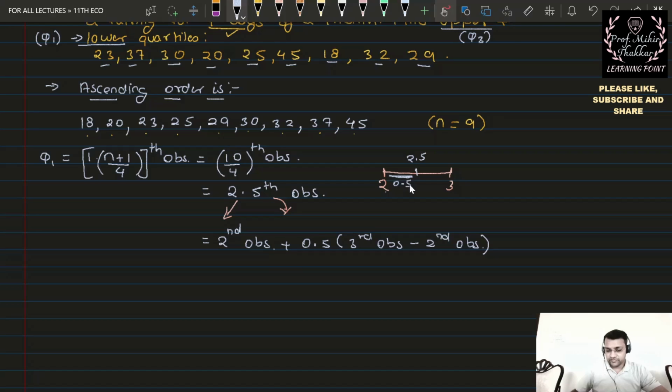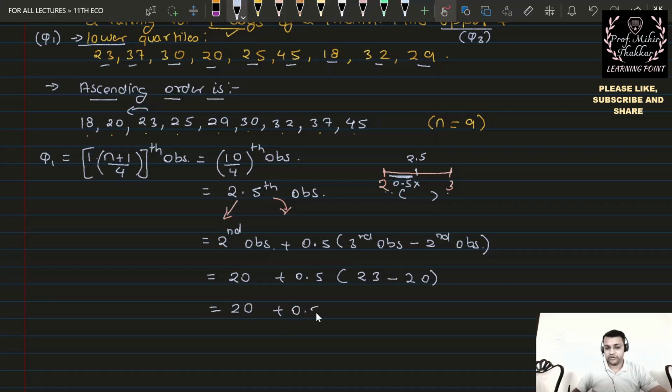So this additional distance of 0.5 is then multiplied with the difference between the second and the third observation, which is written like this: third observation minus the second observation, because we have arranged the data in the ascending order. So 23 is greater than 20. Therefore, I will write over here second observation as 20 plus 0.5 multiplied by 23 minus 20.